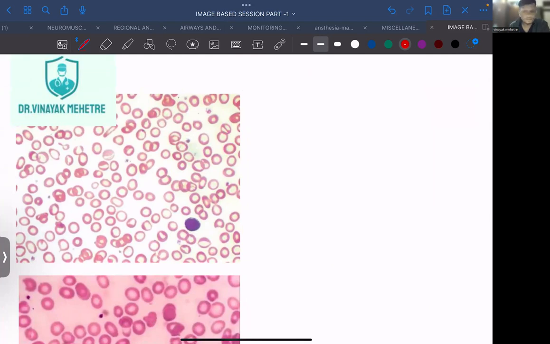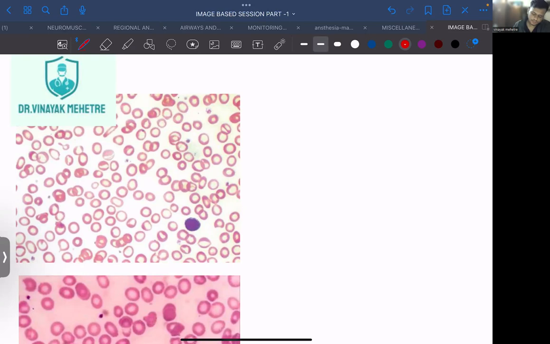What is the probable diagnosis? Young age woman, that's it, finished. It is iron deficiency anemia in India. No need to even look at the question. Answer will stay as iron deficiency anemia.